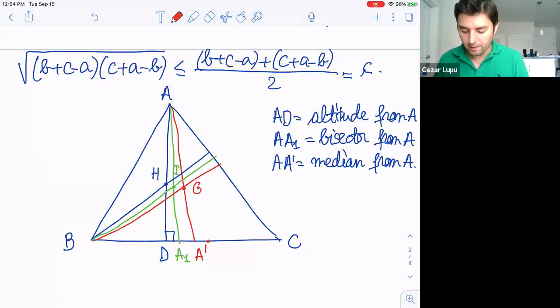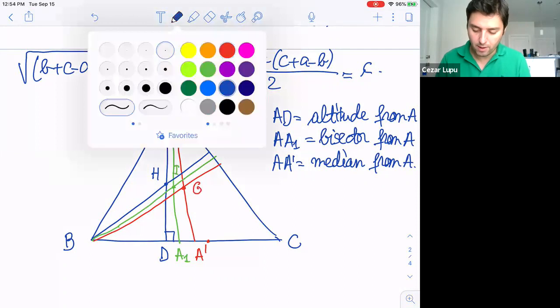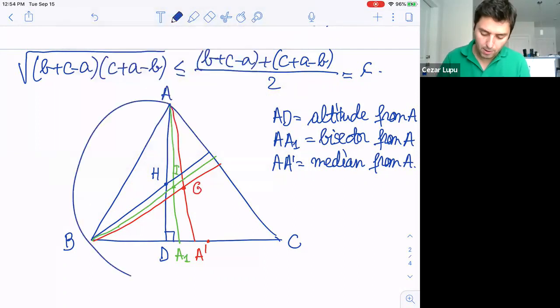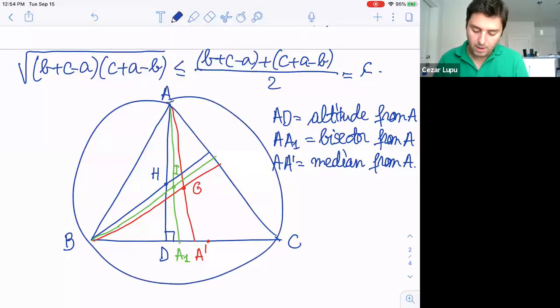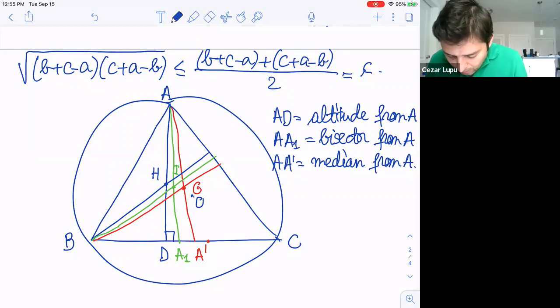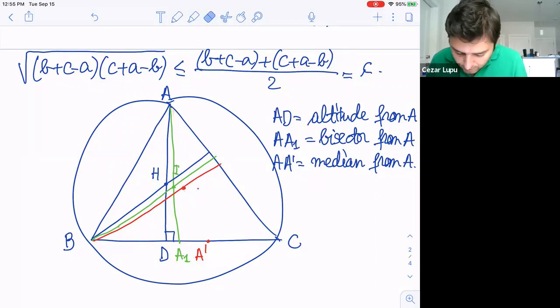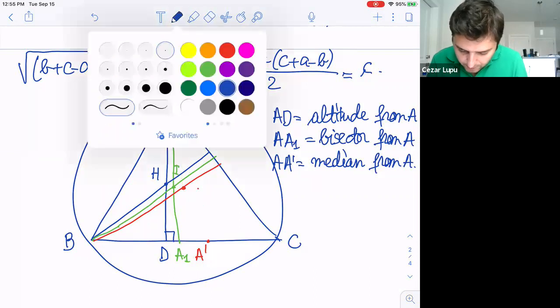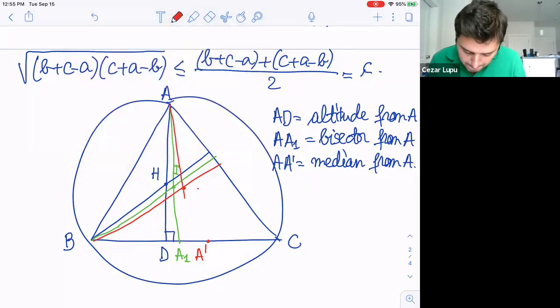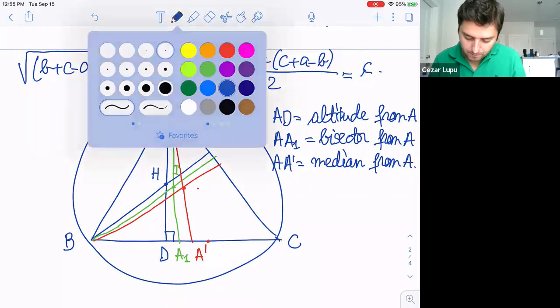But also, if I take the circumradius, there will be O somewhere here. The picture is not the best, I could tell you that.